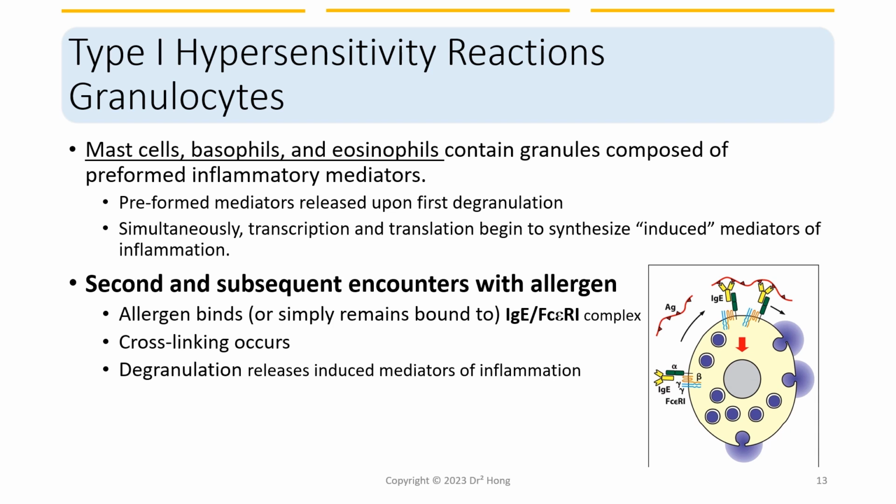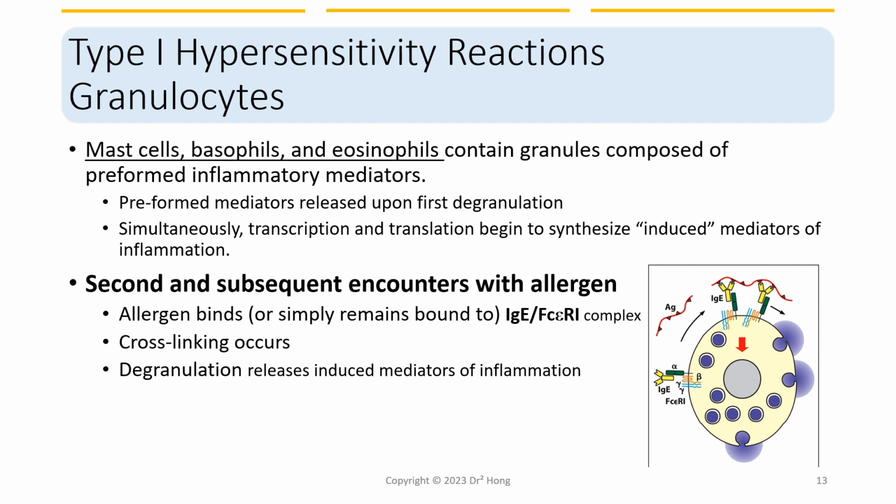These cells are packed with granules containing especially histamine, but also a variety of inflammatory mediators. Some of those mediators are preformed, meaning they can be released upon first degranulation. At the same time, transcription and translation happen to synthesize inducible mediators of inflammation.